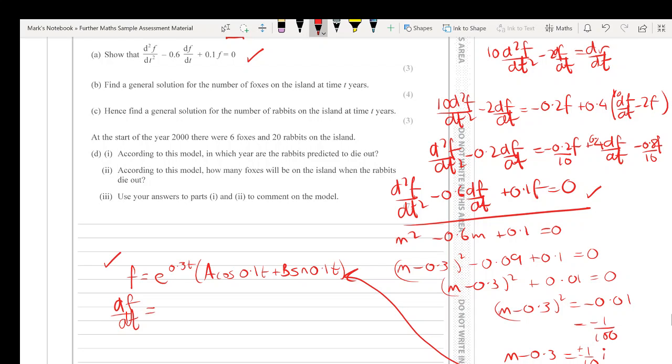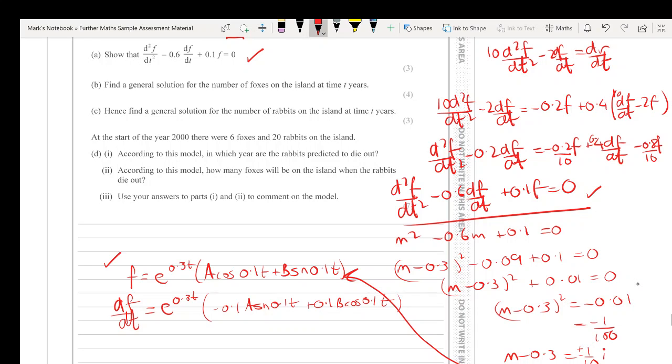So df dt, product rule. First, differential of second, which is going to be, differentiate this, so minus 0.1a sine 0.1t, and differentiate this, plus 0.1b cos 0.1t.